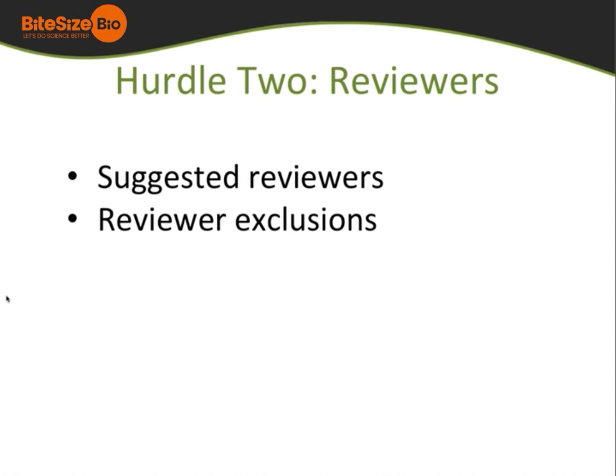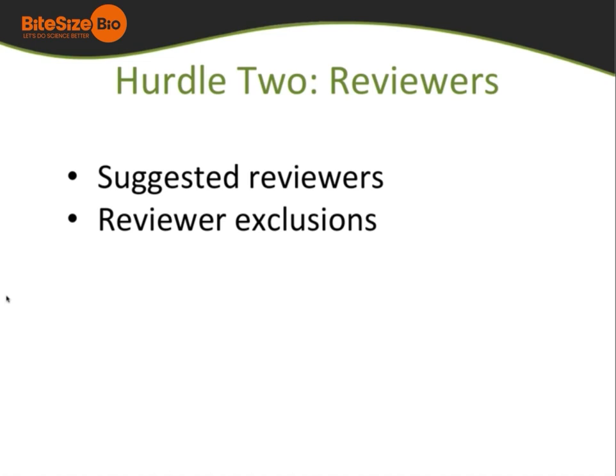When it comes to suggested reviewers, pick people that are relevant in your field, not just your friends. Journals do have ways of checking whether or not reviewers are suitable, even if they're ones that you have suggested. And just because you've suggested people doesn't mean the journals will necessarily pick those people to review your paper. I'll talk a little bit about why they might not do that.